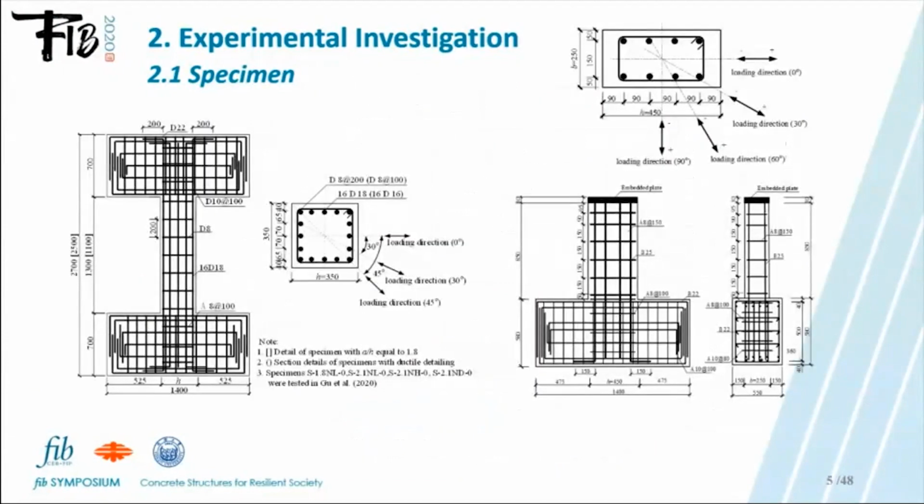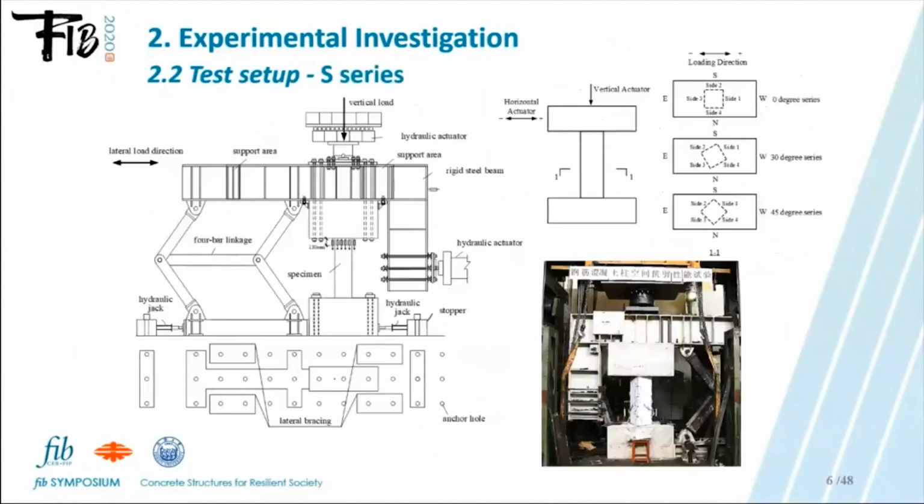This slide shows reinforcement details of the aforementioned two types of column specimens. All square sectional specimens were tested in an anti-symmetric double curvature configuration.